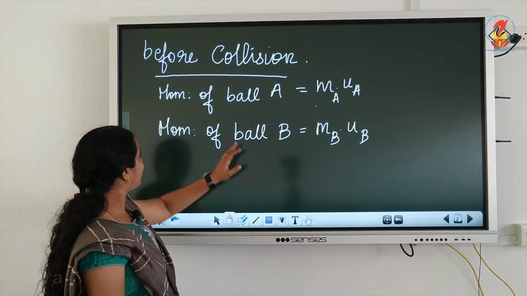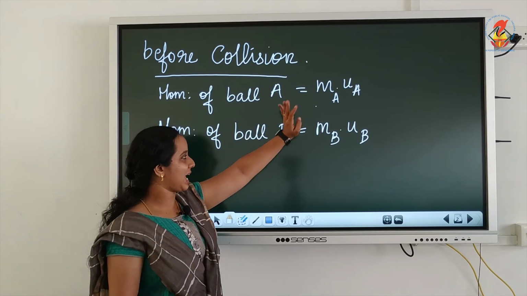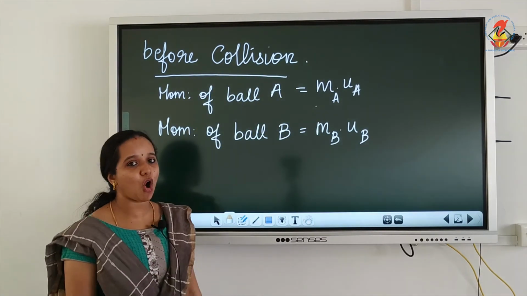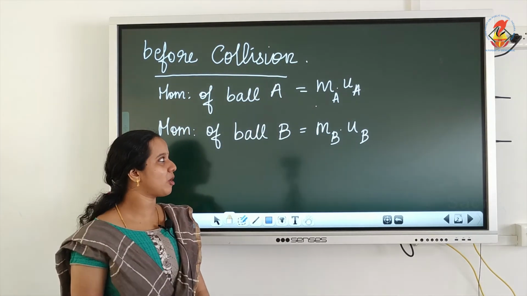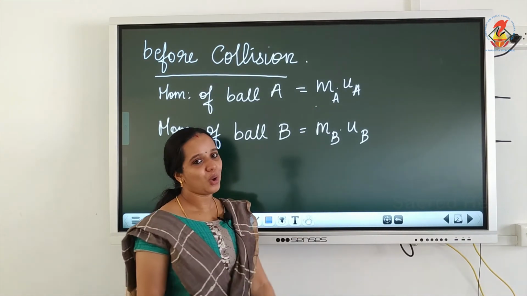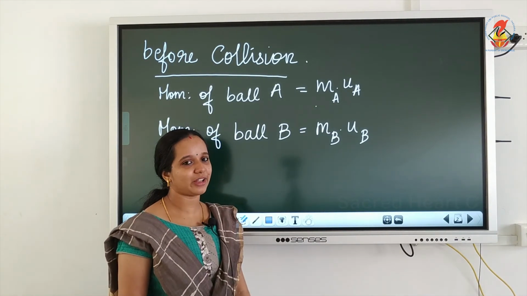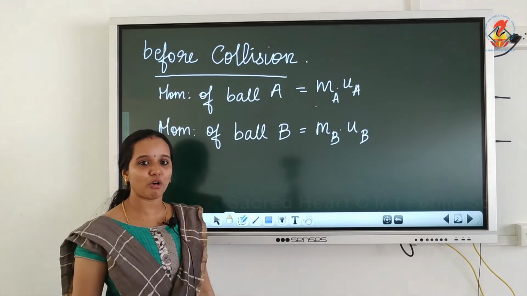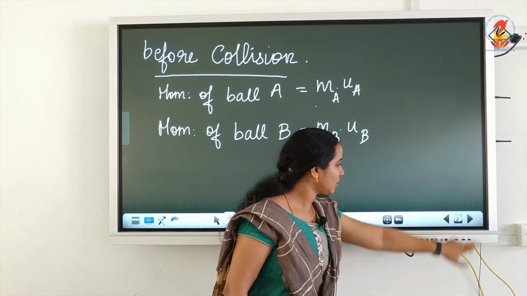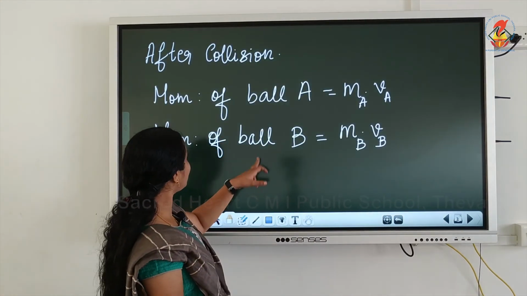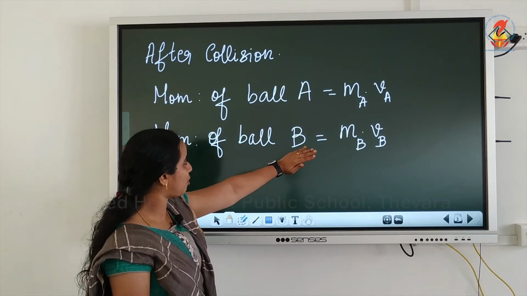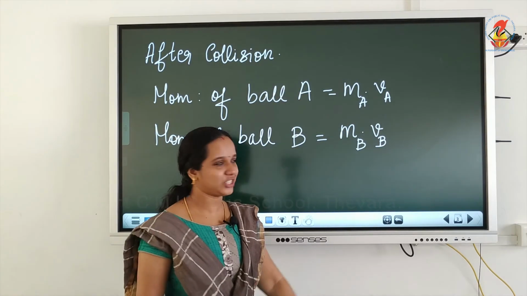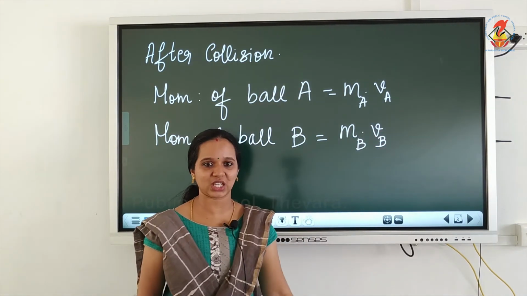Now we found out the momentum of ball A and ball B before collision. The formula to find momentum is mass into velocity. Using that formula, we found the momentum of ball A and ball B before collision. We also found the momentum of both the balls after collision with the changed velocities.